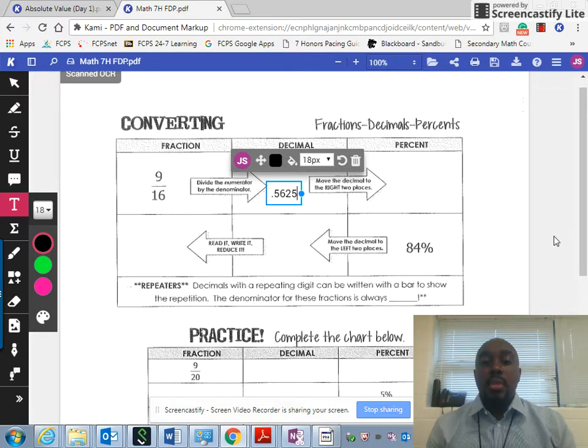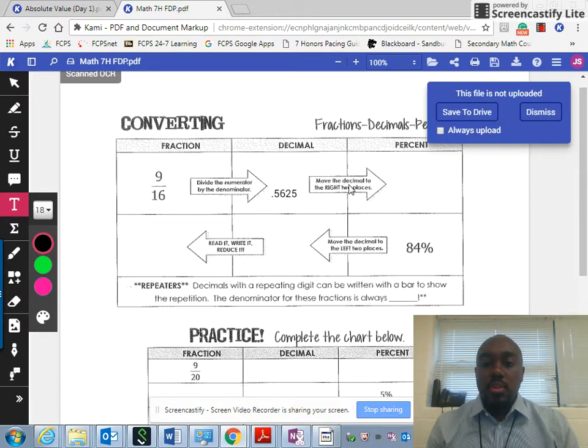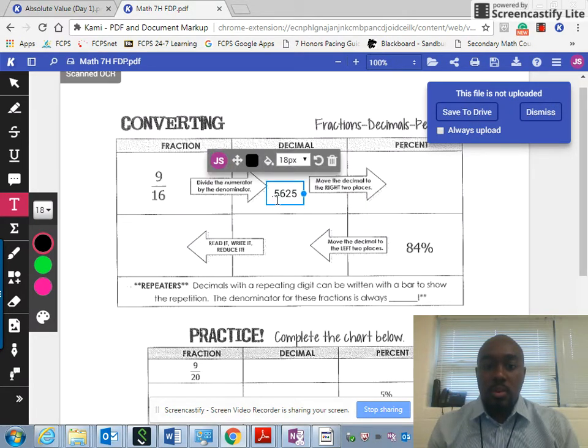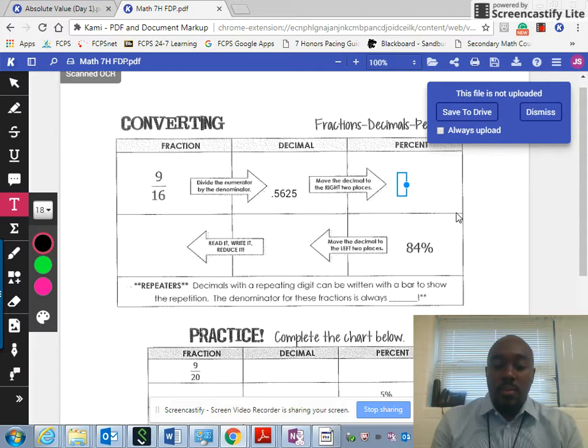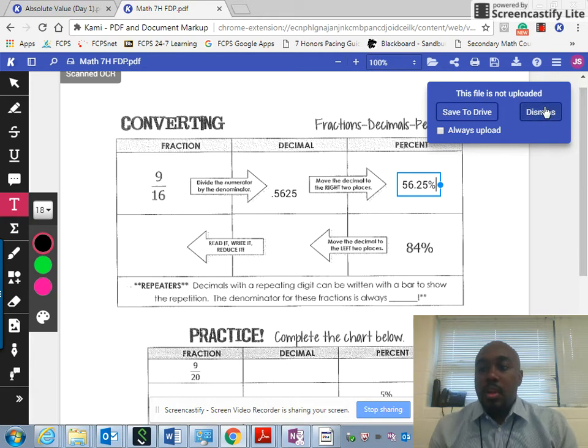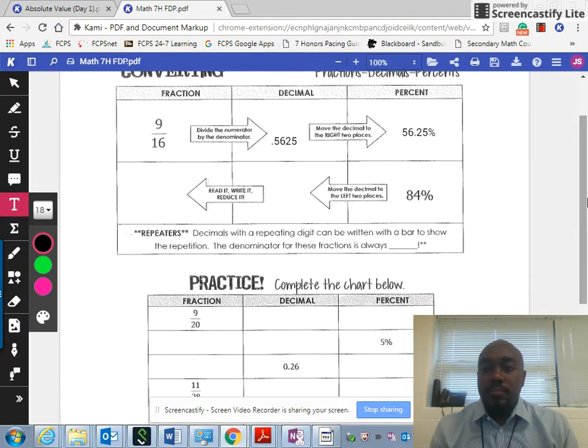If you remember, when we're moving a decimal to a percent, we're going to move the decimal to the right 2 spaces. So right now it's right here. We're going to move it 2 spaces. So 1, 2. So 0.5625 changes into 56.25%.